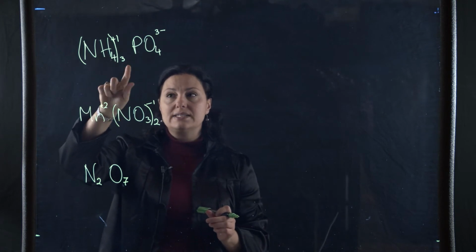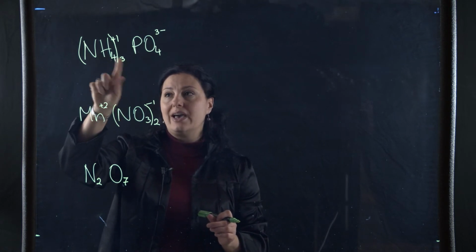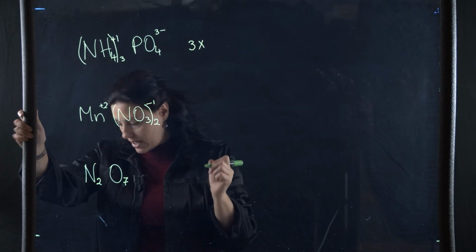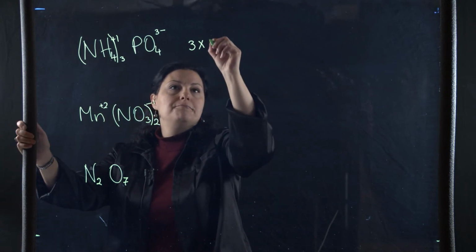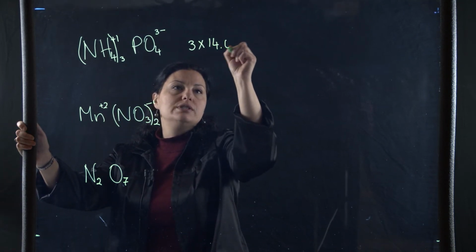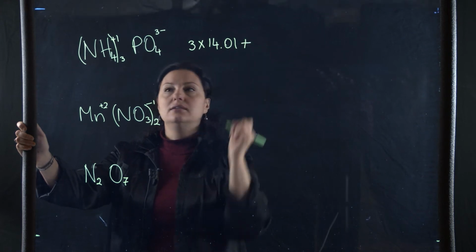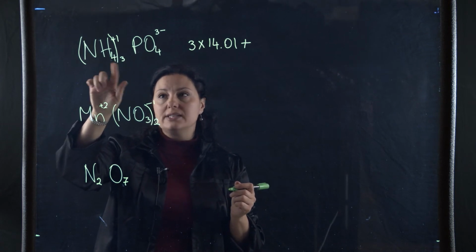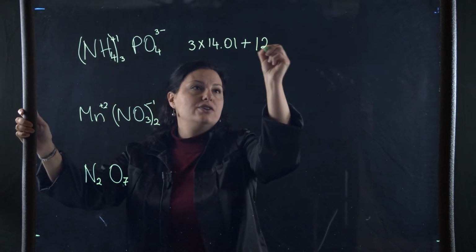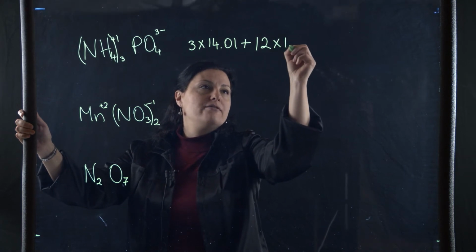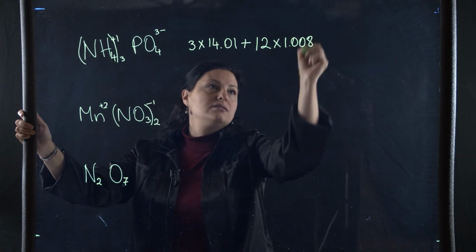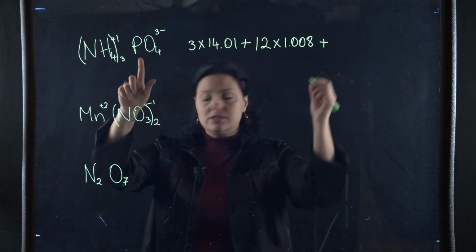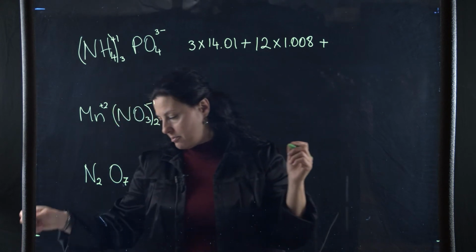Remember, I multiply as I distribute throughout this parenthesis, so I have 3 nitrogens. 3 times each nitrogen, 14.01, plus now I have to figure out the hydrogens. It's 3 times 4, not 3 plus, but 3 times 4, so 12 hydrogens. Each of them has 1.008, plus I have 1 phosphorus, which is 30.97.